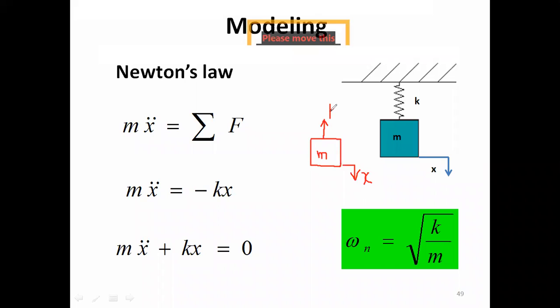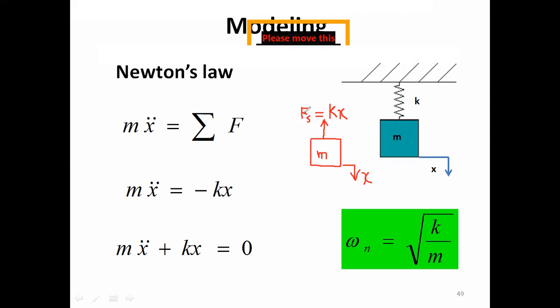It would be pulling the mass. And K is the stiffness, as we discussed before. K is F by x. So the spring force F is equal to Kx. So this is the free body diagram of the system.